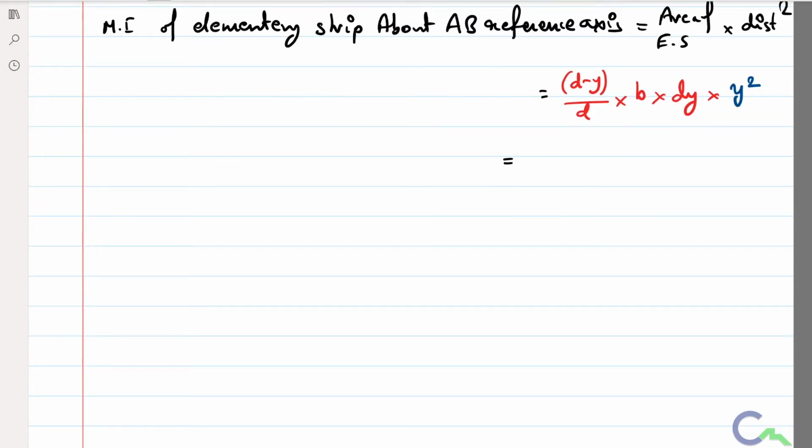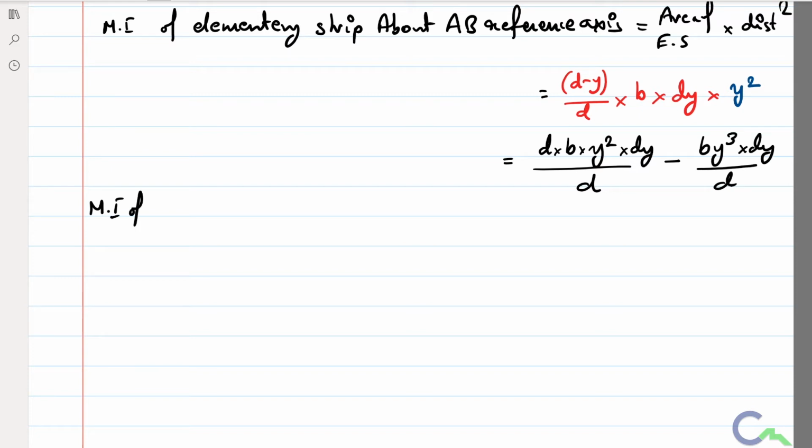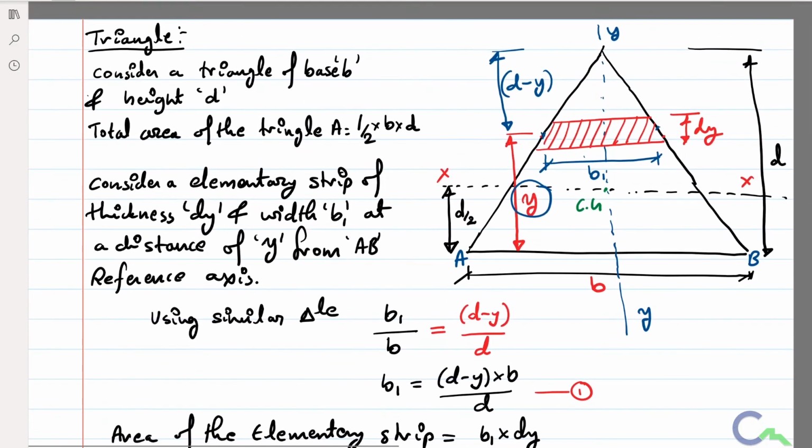So if I simplify this, and do the integration, that means if I want to find the moment of inertia of the total area about the AB axis, IAB is equal to the integration where y varies from 0 to d.